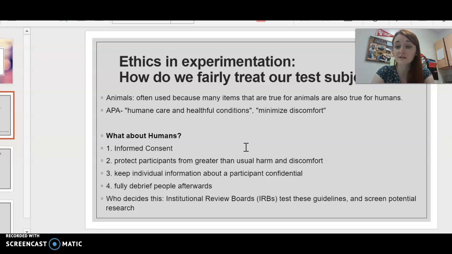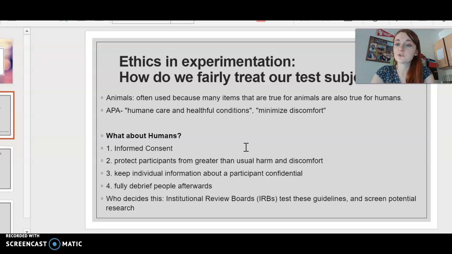There are four main things that you need to look at in order for your experimentation to be considered humane. So first is informed consent. Informed consent is getting the agreement of your participants for them to agree. You have to explain to them all about what the experiment is. What is it testing?